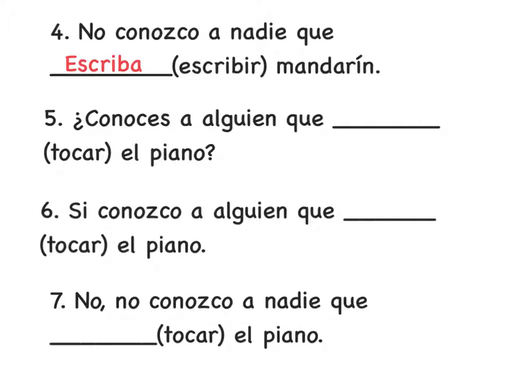Why? Because it's negative. No conozco a nadie. I don't know anyone who speaks Mandarin. So when we have expressions of negation, like no conozco a nadie, if we have no and conocer, we're going to use a subjunctive. Okay?